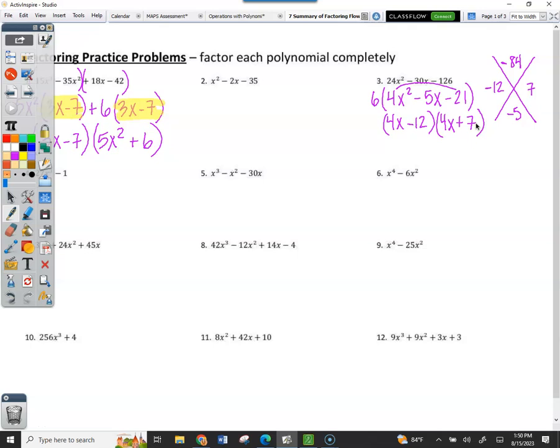A 4, and I'd be left with x minus 3, right? And then this would be 4x plus 7. You do need to bring that 6 down because it is part of the answer. So the 4, you're just reducing it. In that case, it does just disappear because that's just a little shortcut technique to factoring.